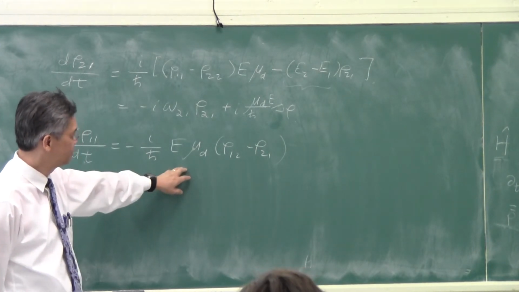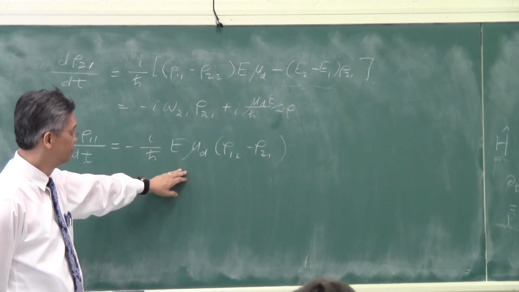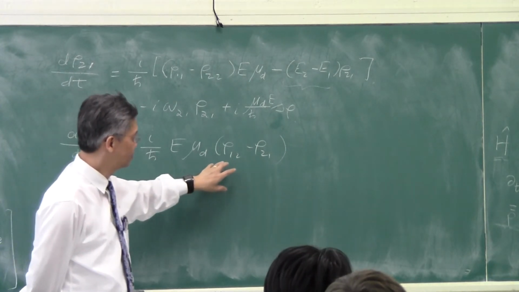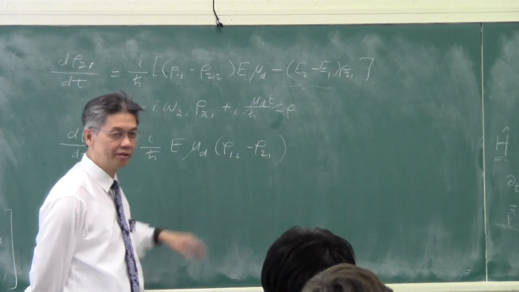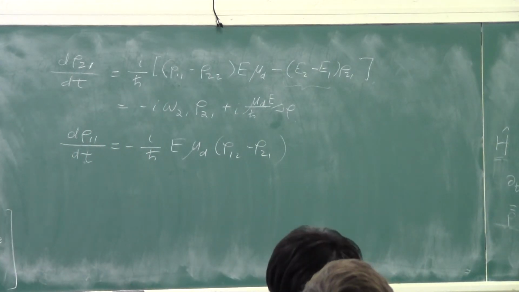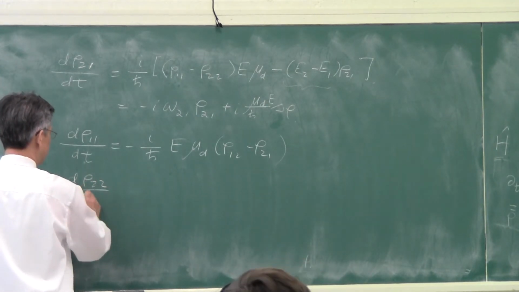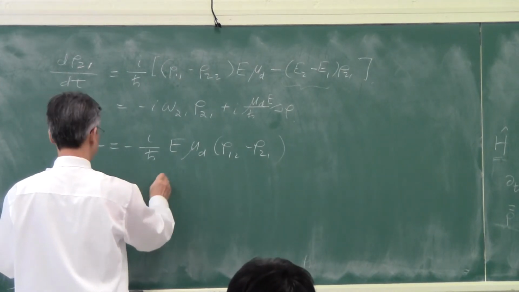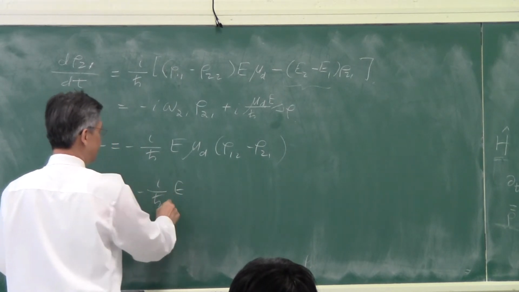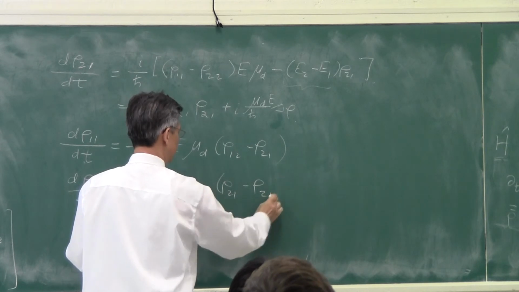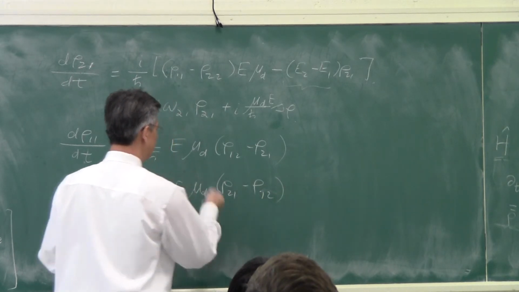However, if an electric field is present, it will push for a change, given by the difference between the correlations between the two states. And d rho 2,2 dt will be given by something very similar. The electric field pushes the state to flip-flop between the two states.